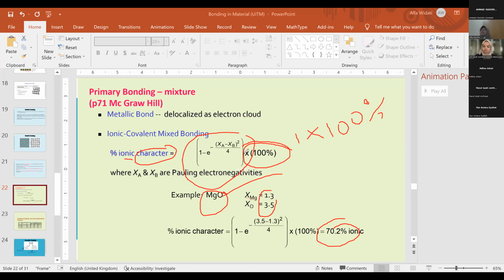Why does it happen? Because the atom has electronegativity. If the atom had no electronegativity, the difference could be 0, and then 1 minus 0 gives 1, and 1 multiplied by 100% makes the ionic character 100%. But it's impossible because each element has electronegativity.